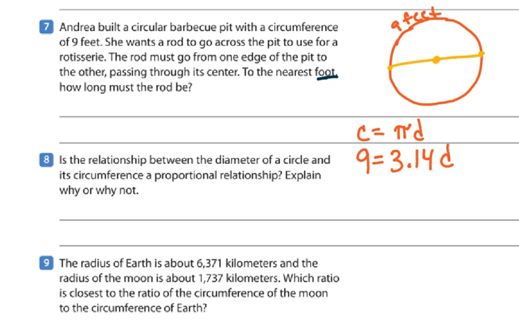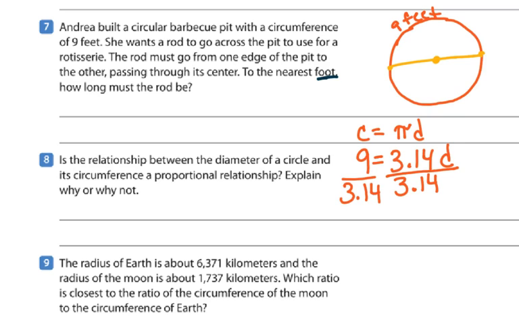Well, I need to get rid of the 3.14 that's with the diameter. Right now, this equation means 3.14 times the diameter. The opposite of multiply is divide, so all I've got to do is say 9 divided by 3.14.